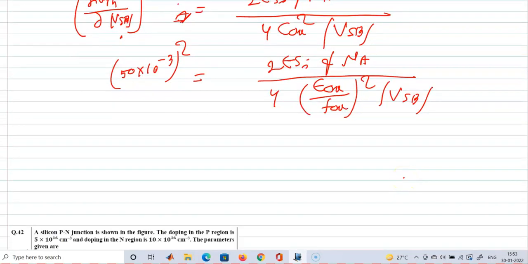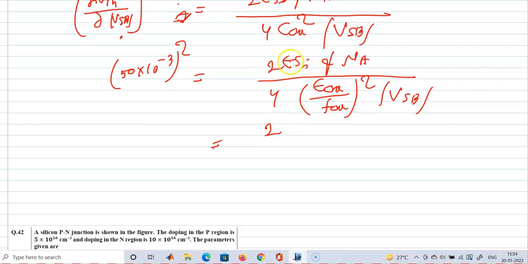So in the next step, you can see that one epsilon 0 is getting cancelled with the epsilon silicon. I am going to write this 2 epsilon silicon.